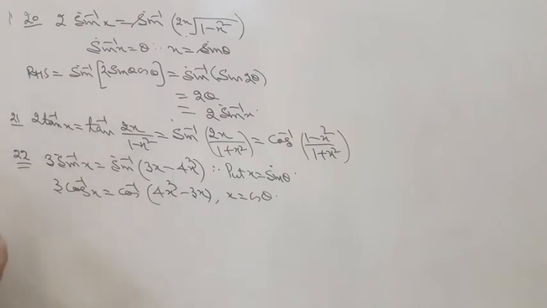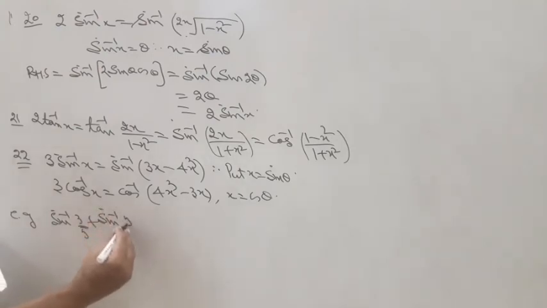Now let us take one or two examples to clarify the above results. We have, for example, evaluate sine inverse of 3 by 5 plus sine inverse of 5 by 13.